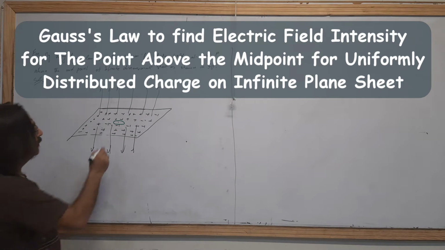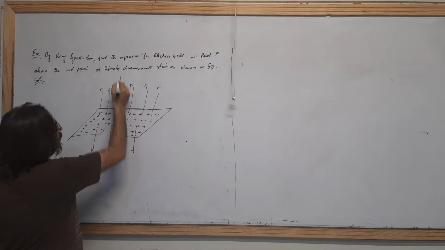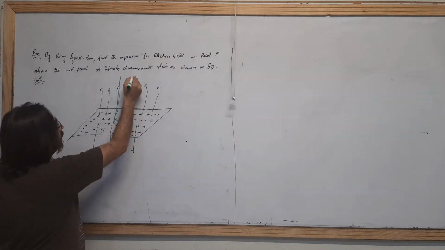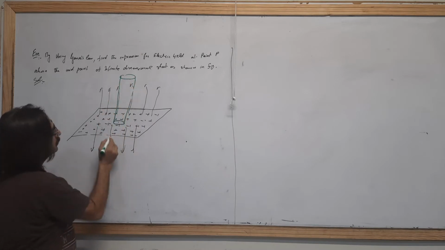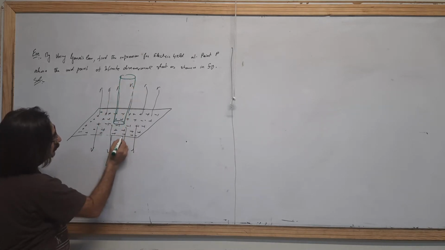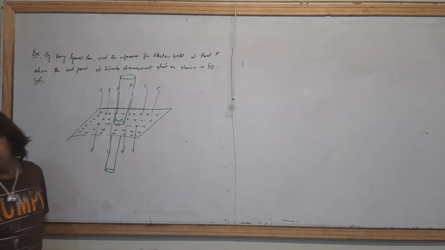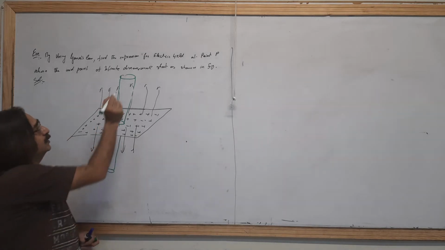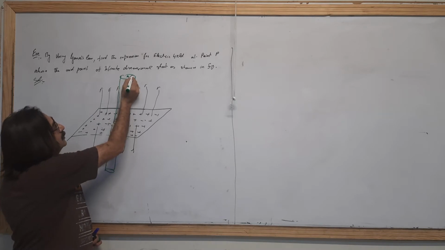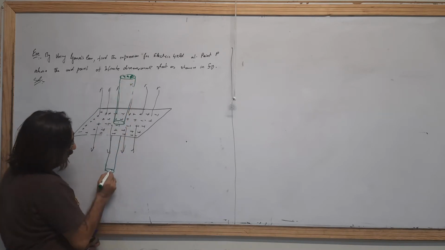So we will now consider a Gauss's surface, a cylinder. Let's suppose this is a solid cylinder and this is the area of the surface.